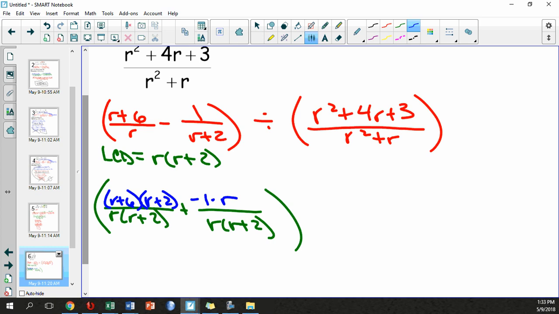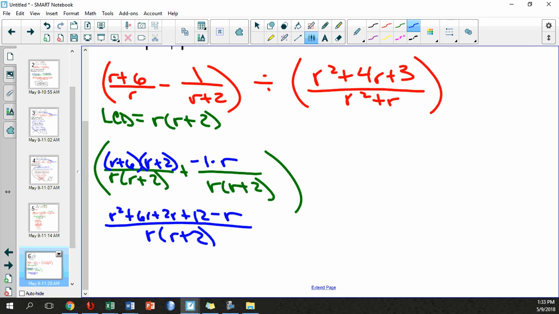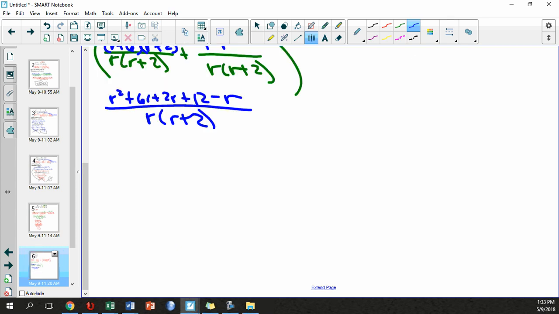Do we all understand that? Write this as one fraction. And FOIL: r squared plus 6r plus 2r plus 12 minus r. Combine like terms. R squared plus 8r minus 1 gives me a 7r plus 12.